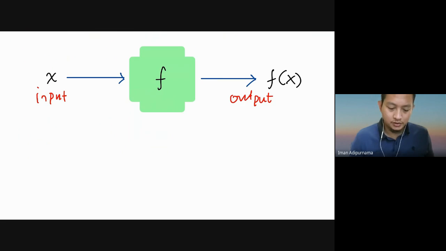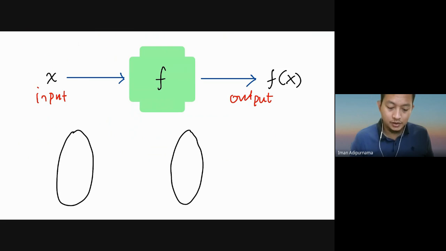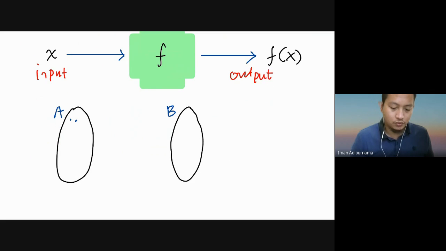For example, if you are looking at the arrow diagram, this is set A and this is set B. Maybe this is 1, 2, 3, 4, and maybe this is 20, 30, 40. This is just a random function.